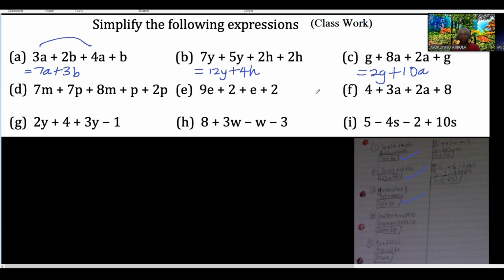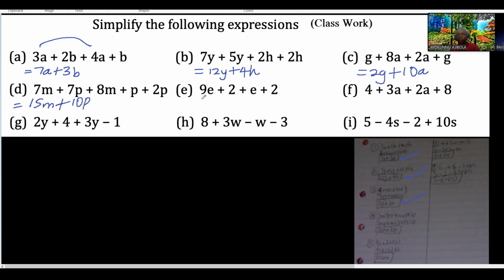Let's see, 7m plus 8m, that is 15m. Then 7p plus p, that's 8p plus 2p, that is 10p.